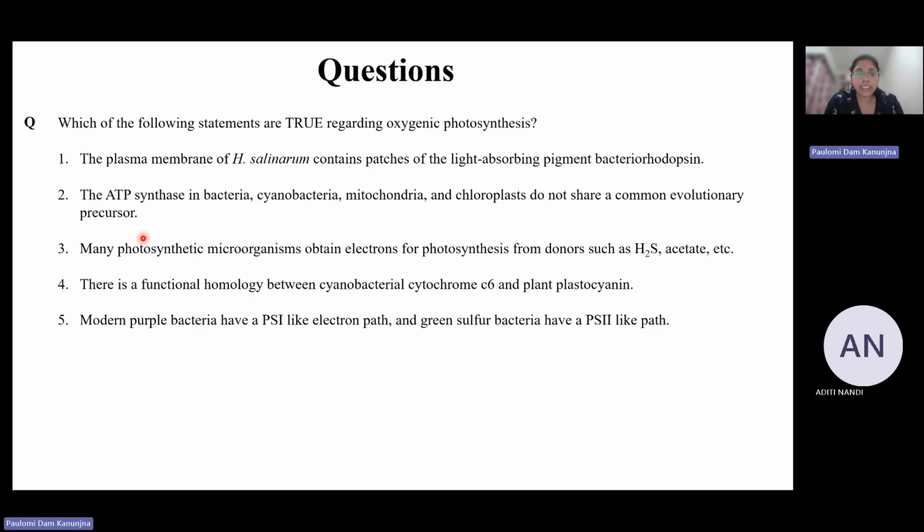Right. Next, oxygenic photosynthesis is basically where oxygen is generated during photosynthesis, right? And all the organisms that do not evolve oxygen perform anoxygenic photosynthesis. Here are some statements on oxygenic photosynthesis. Read the sentences, and then you can guess which are the true ones.